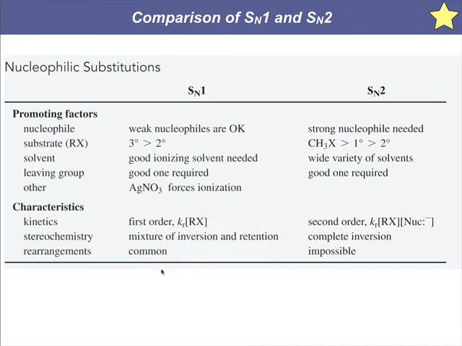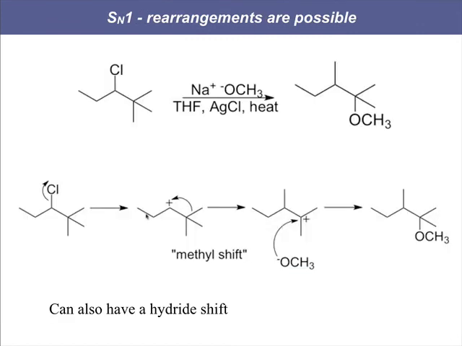Rearrangements are common for SN1 because you are generating carbocations. Anytime you generate a carbocation, you have to analyze the structure to determine if a shift, a methyl shift or a hydride shift, would increase the stability of the carbocation. And if the stability of the carbocation could increase as a result of that, the shift will occur.